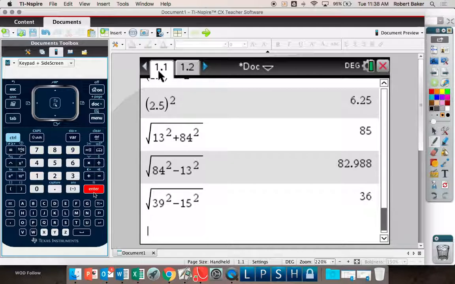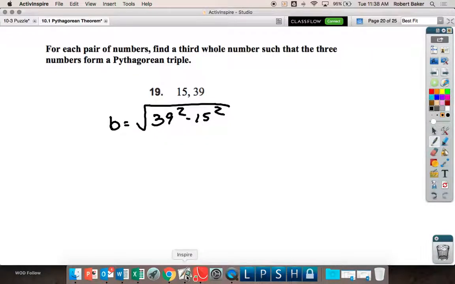Boom, 36, you're right. So you can know what the Pythagorean triples are and try to find derivatives of them, or you can just math it.